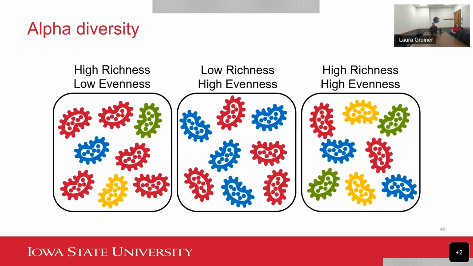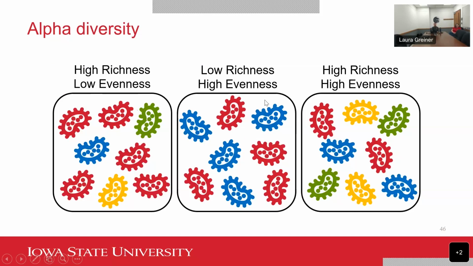Just as an example to illustrate what that means, I put together 3 different samples here. On the far left, we have a community that has high richness. There are 4 different organisms represented by different colors here, but low evenness because it's dominated by this red colored bacteria, where the other 3 are at low abundance.